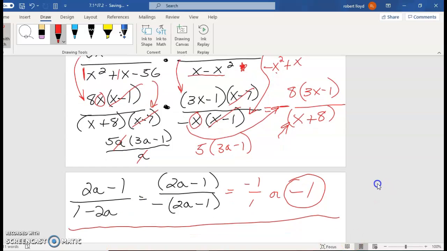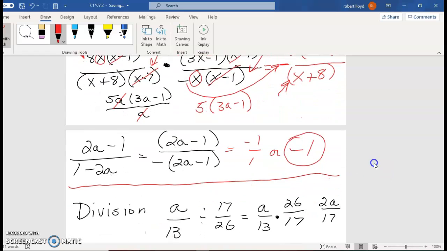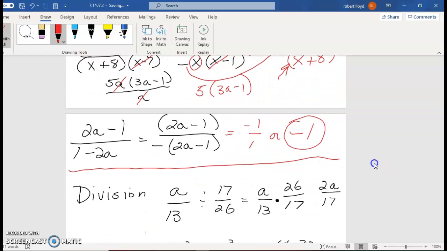Okay, this next one has a little bit of a quirk to it too. We have 2a minus 1 divided by 1 minus 2a. You notice these are the same two terms, but they're just in reverse order. So if we factor a negative 1 out of our denominator, now we'll have a negative 1 out in front.